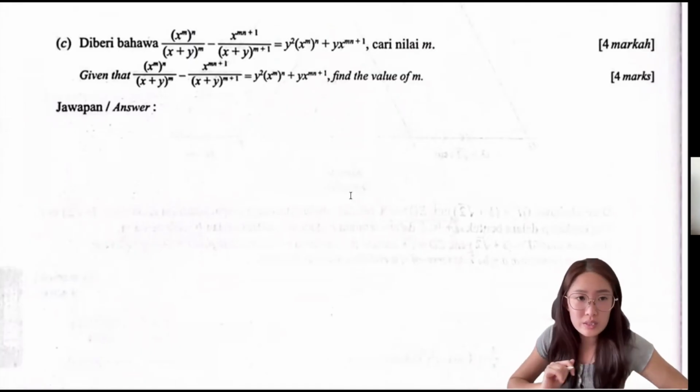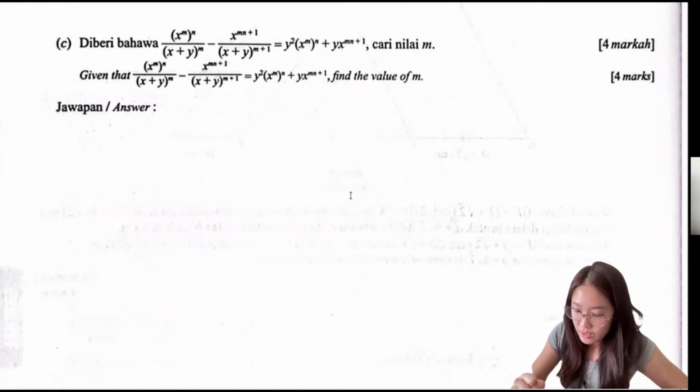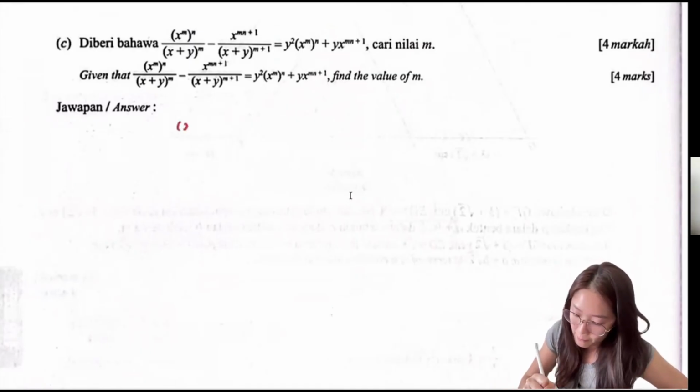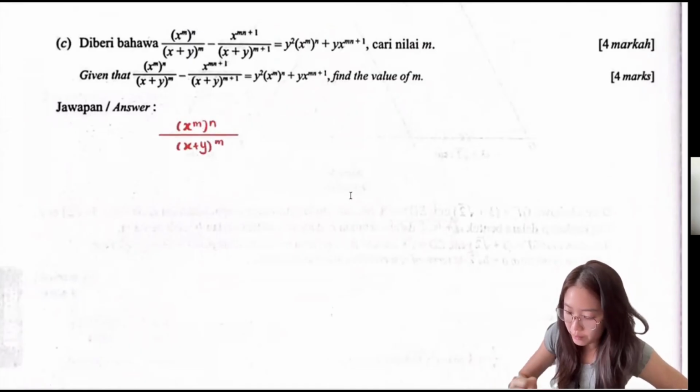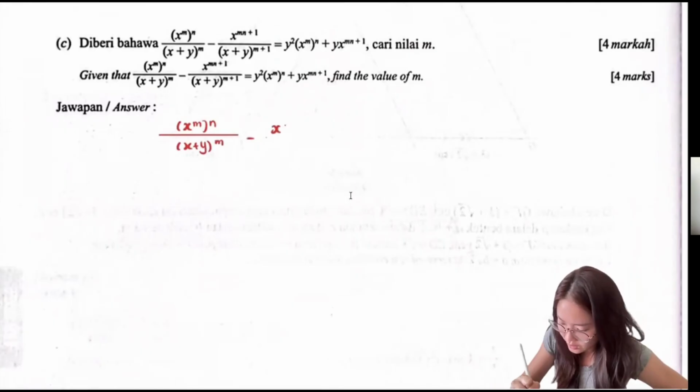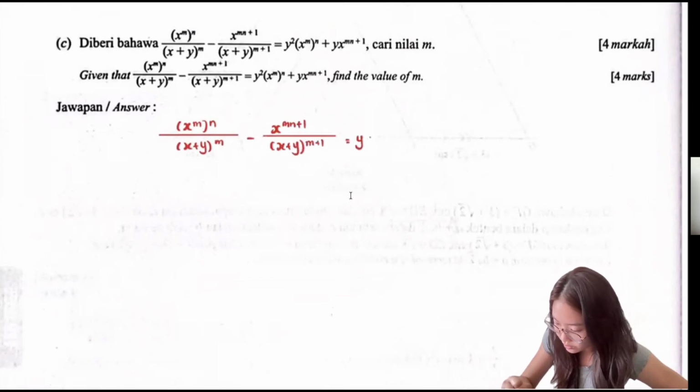Okay, now C. Given that, let me copy down the question first. x power m power n over x plus y power m, minus x power mn plus 1 over x plus y power m plus 1. Oh my God, a lot of things.